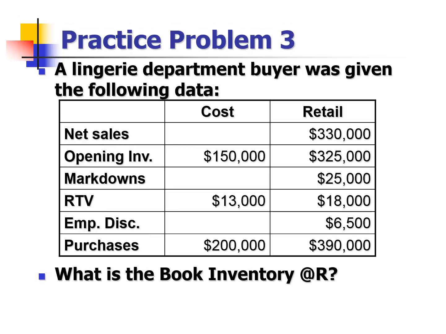What is the book inventory at retail? Since the question is asking for the book inventory at retail value, we don't really need to refer to the cost column at all. Just look at the retail column. Let's utilize the book inventory calculation formula that we saw several slides ago to work on this problem. Let's pause the video.